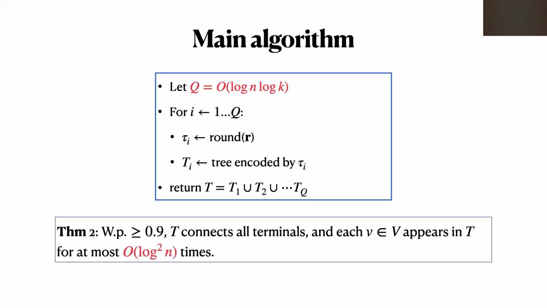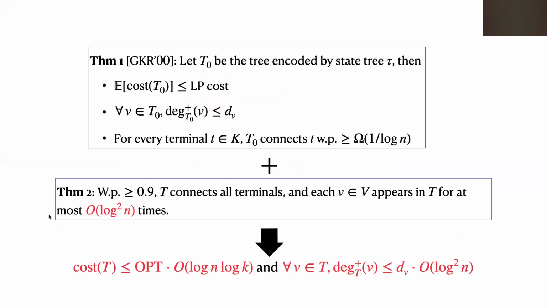We can show that with probability at least 0.9, the output connects all terminals. And furthermore, each vertex appears in the output for at most order log squared n times. Now combine theorem 1 and theorem 2, we obtain the claimed approximation ratio for both the cost and the degree violation.